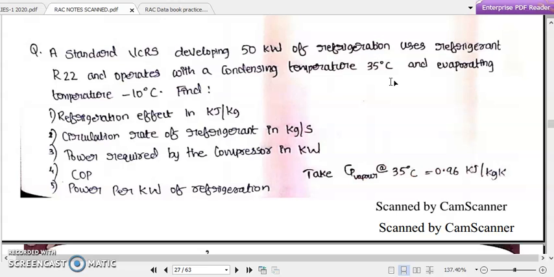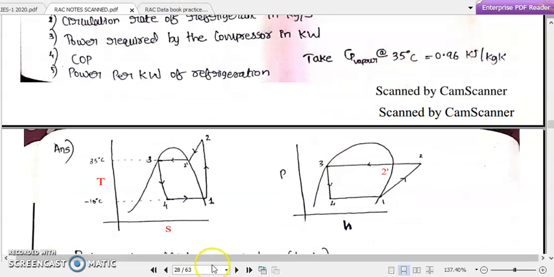It is not a very high temperature, but it is still higher than our room temperature. So 2-3 is our condensation step. Where can we mark this 35 degrees Celsius? We can mark it as the temperature at points 2 and 3.